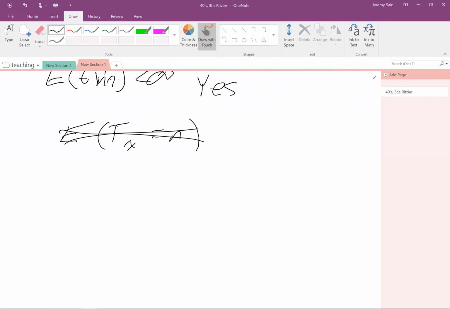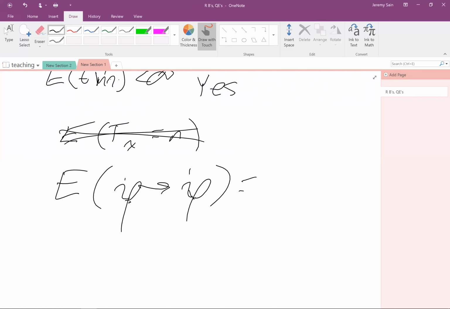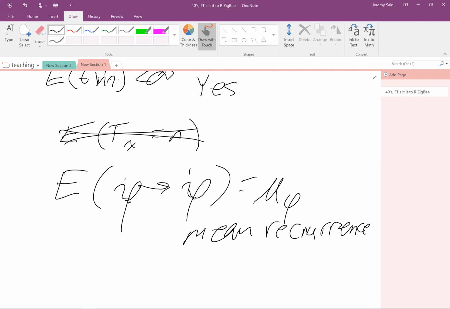But what people tend to look at is, let me change back to phi because that's what I've been using in this one. They look at the expected value of the time it takes, if you start at a state, to get back to that same state. And they call this the mean recurrence time.